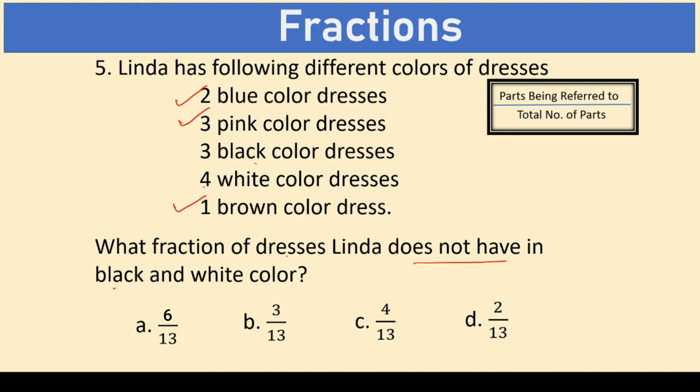If you sum it up, this will be equal to 6 divided by the total number of parts. The sum of all the dresses is 2 plus 3, 5, plus 3, 8, plus 4, 12, plus 1, 13. The denominator is the total number of parts, which is 13. Hence your answer is option A, which is 6 by 13.